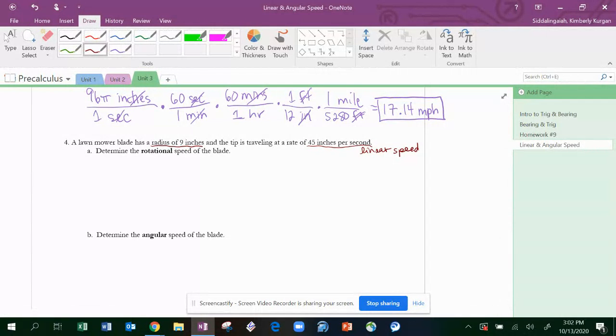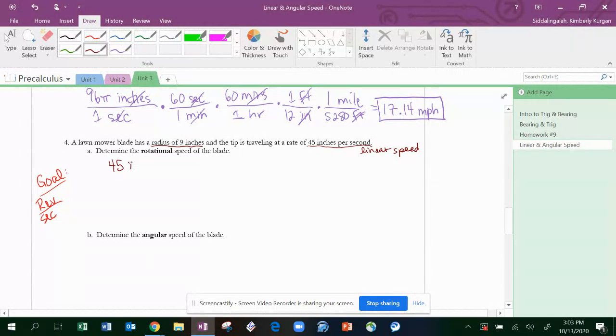So rotational speed, remember our goal over here. Our goal is going to be rotational speed, revolutions, in this case, per second. So let's take a look and see what that means.